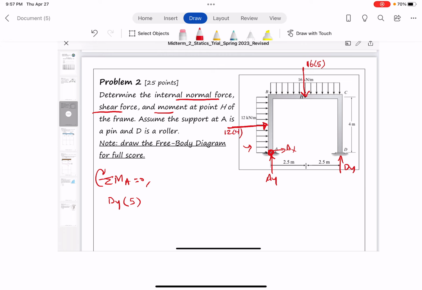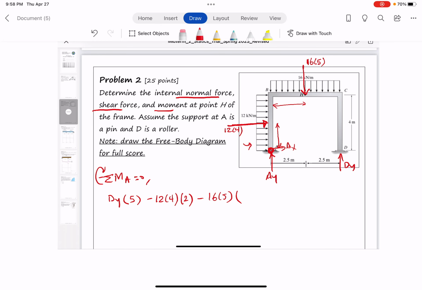So DY times 5, this is positive. Minus 12 times 4, times the distance, 2 meters. And this one will also be negative, 16 times 5, times the perpendicular distance, which is 2.5, equal to 0.